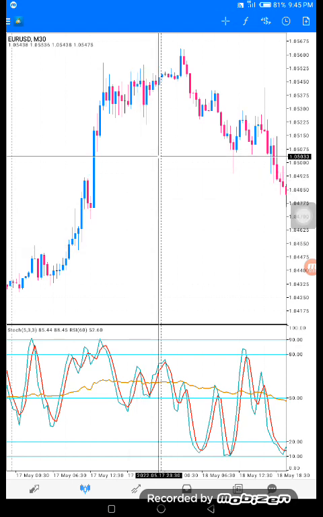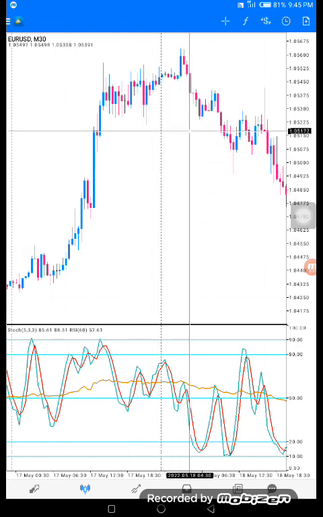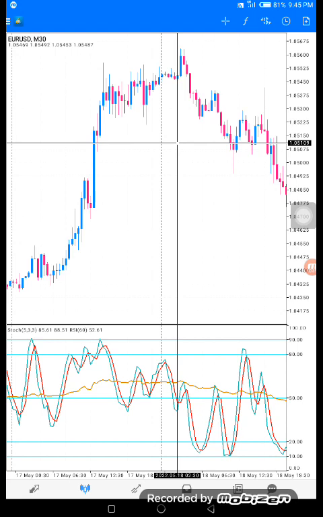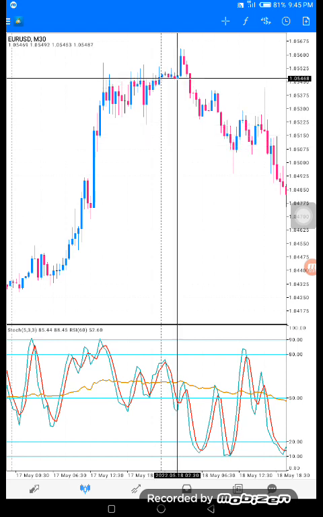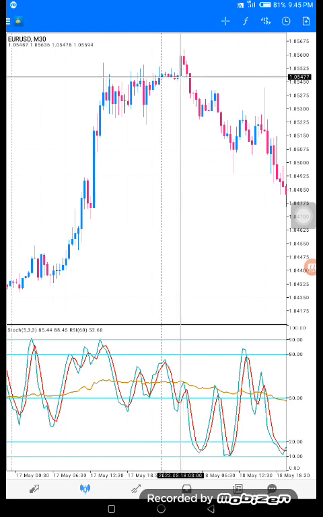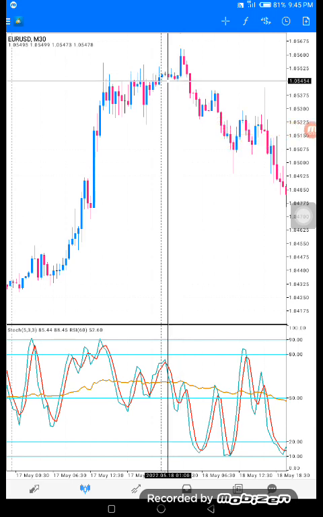Why? Let's see where there was a crossover. There was a crossover here. When the RSI is still up, you place your trade here. Once you place your trade, your stop loss should be below the previous candle.